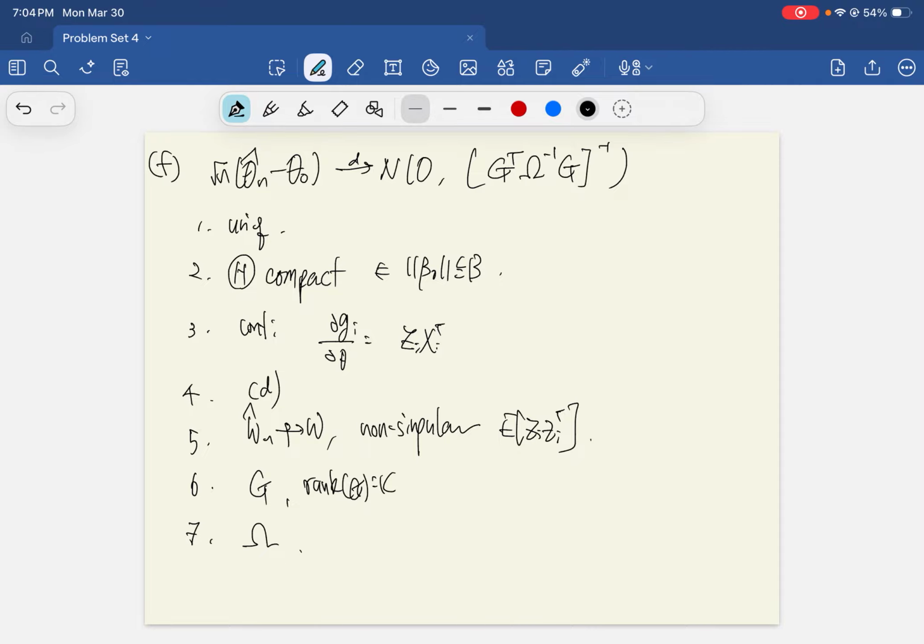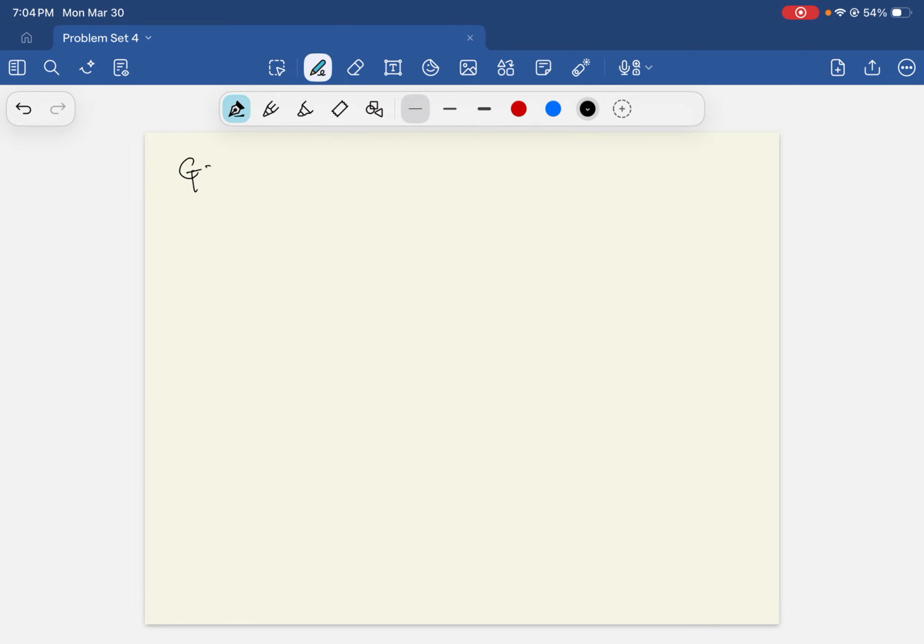If you verify all of them, then you can just calculate this, right? So think about that. G was minus the expectation of zi xi transpose, and omega was the expectation of ui squared zi zi transpose.